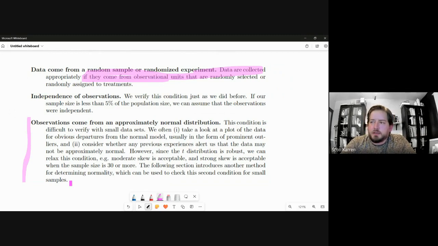And for a strong skew, you just have to up your n, your sample size, right? But if it's really skewed, you wouldn't be able to use a normal distribution. And so if you do have skew, even if you have a large sample, you can switch over and use a t-distribution, and that correction justifies the use of it.